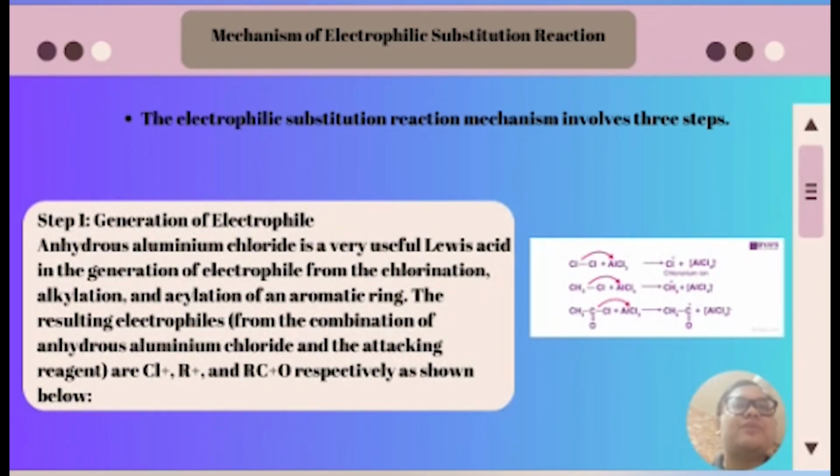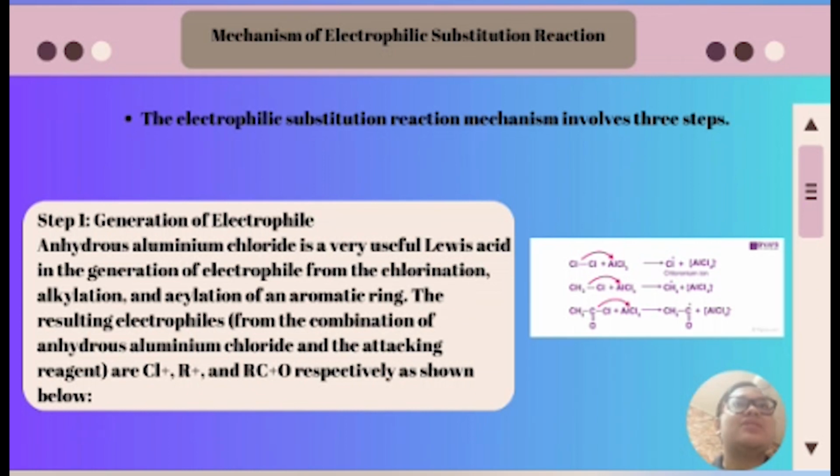For the next part, we will talk about the mechanism of electrophilic substitution reaction. The mechanism involves three steps. Step 1 is generation of the electrophile. For example, anhydrous aluminum chloride is a very useful Lewis acid in the generation of electrophiles for the chlorination, alkylation, and acylation of an aromatic ring.